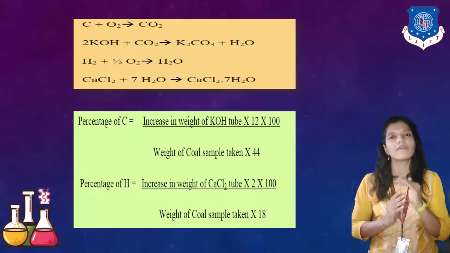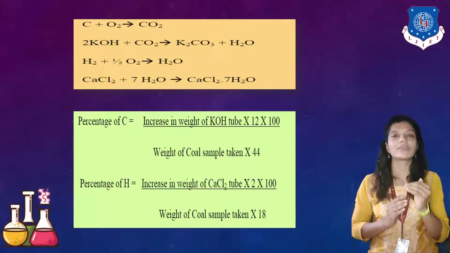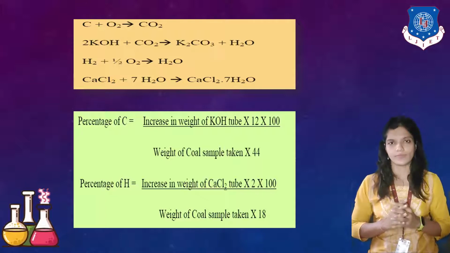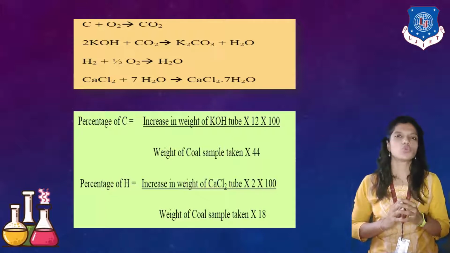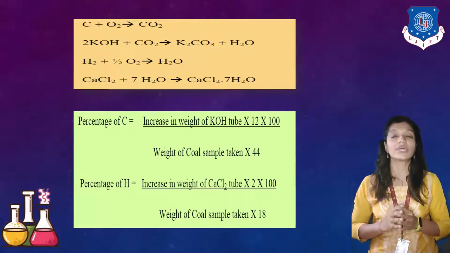In a similar way, we have hydrogen content in the coal sample. Hydrogen gets attached to oxygen and converts itself into H2O. This H2O reacts with CaCl2 and forms CaCl2.7H2O. In this manner, the weight of both the tubes, KOH and CaCl2, is increased.